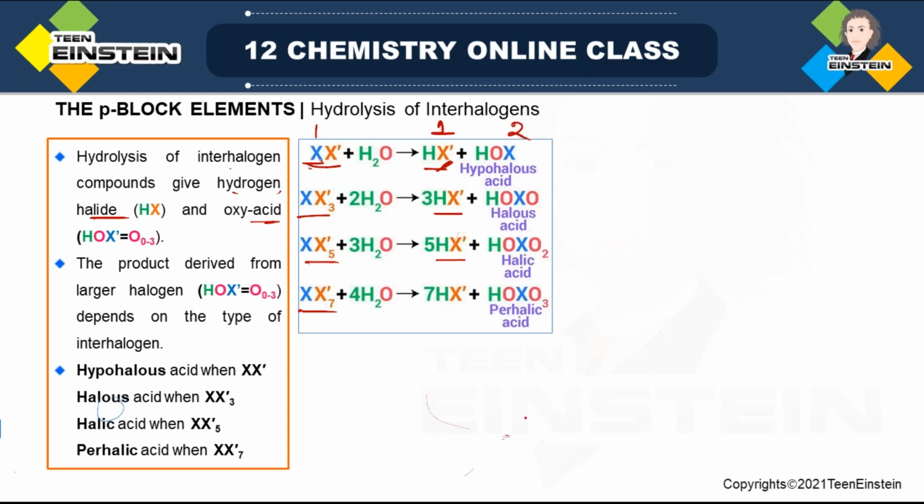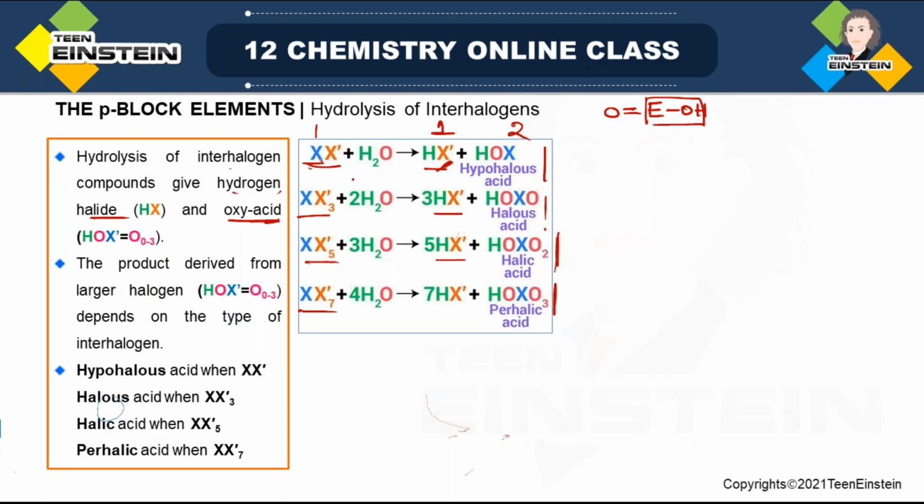The second product is actually the oxyacid. Now oxyacid means central atom E, there must be OH attached, and sometimes there is also presence of double bond O. But this part is mandatory. Okay. Now depending on what type of halogen you have taken, you are getting different types of the second product, that is different types of oxyacid.